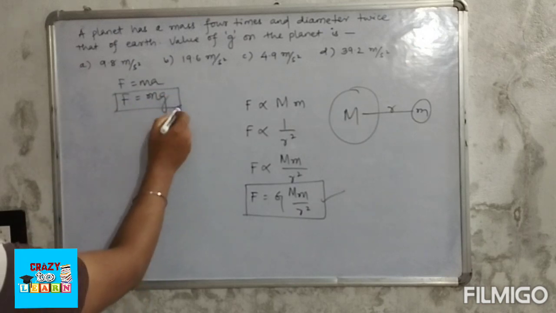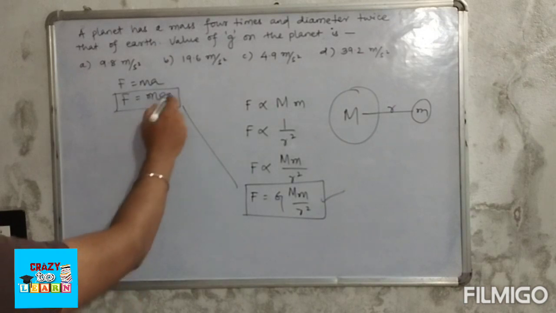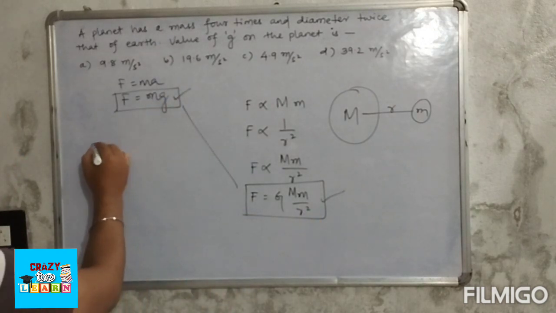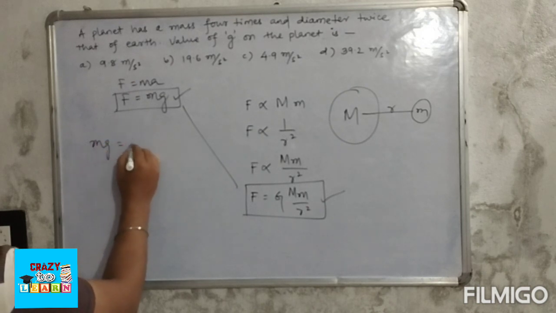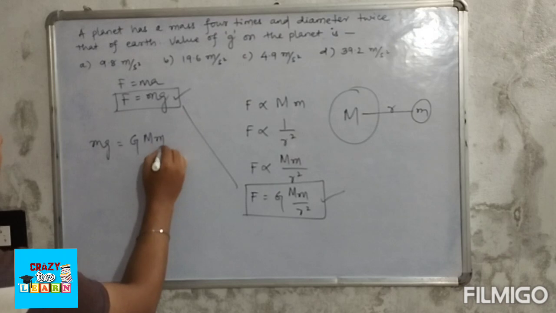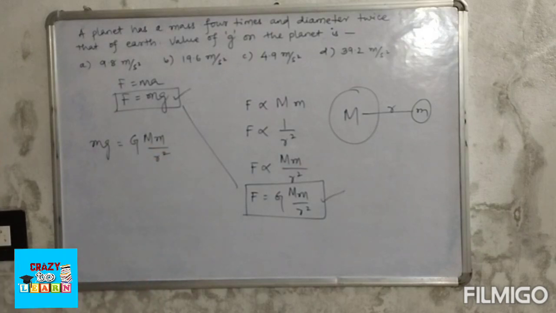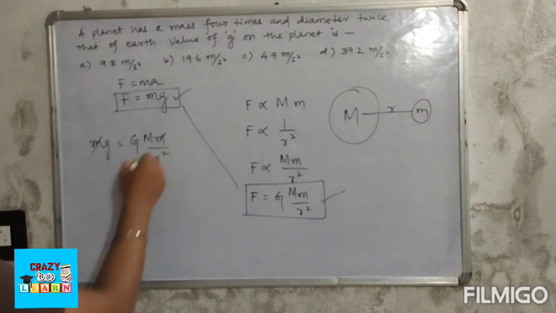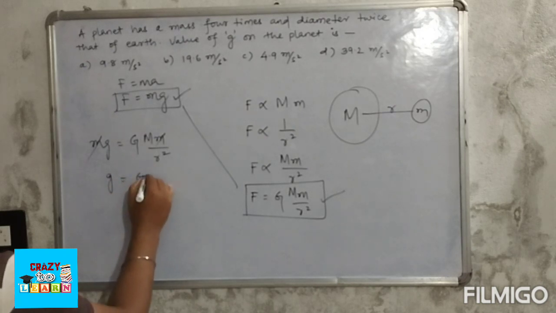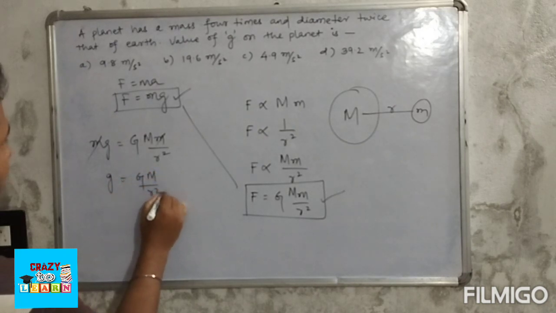Just equate these two. We will get small mg is equal to capital G capital M small m by r square. Cancel small m from both sides, we will get small g is equal to capital G capital M by r square.